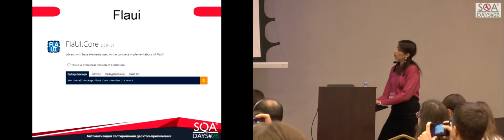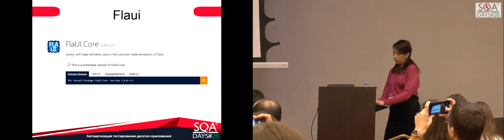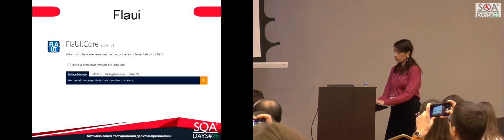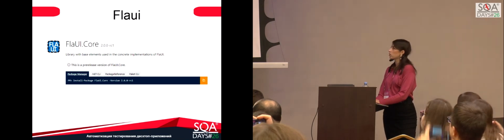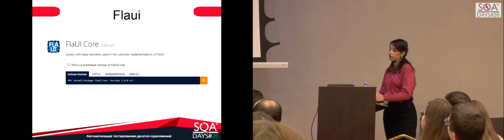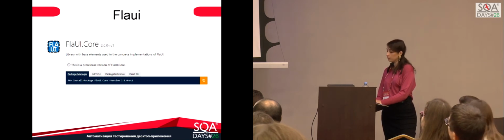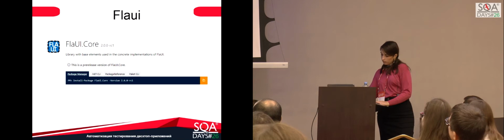Now I'll tell you a few words about the framework using UI libraries. And in fact, there exists another framework, but FlaUI is the next step. You can find its source code.